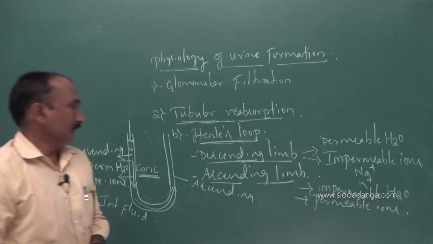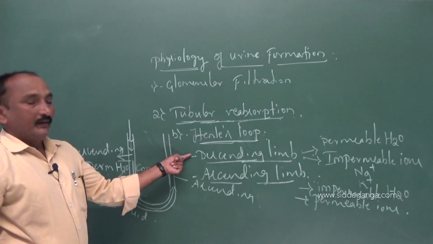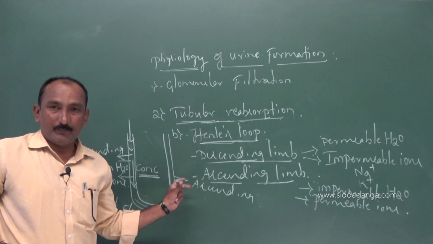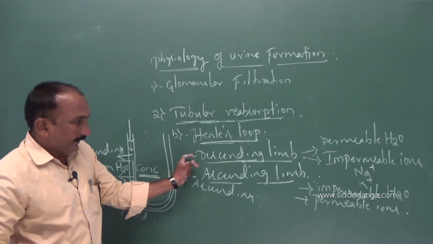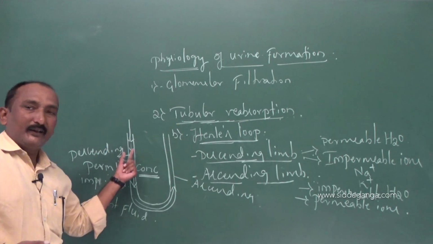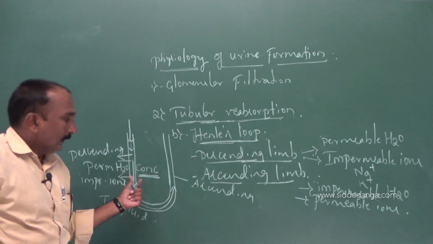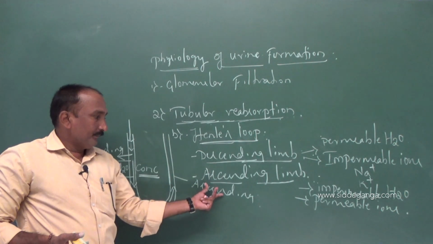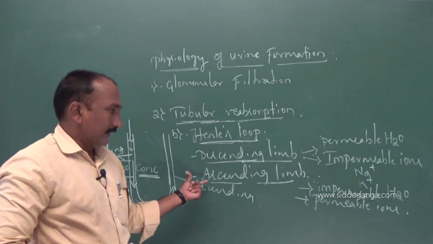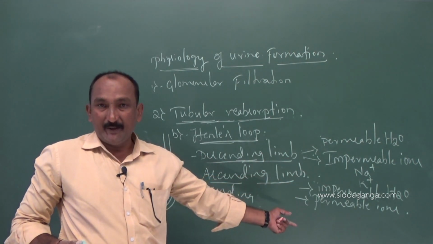Okay, so the descending limb as well as the ascending limb are both involved in tubular reabsorption. The descending limb is permeable to water, so the water is reabsorbed and the filtrate gets concentrated. While the ascending limb, what is its role in tubular reabsorption? Before that, you must know the nature of the ascending limb.